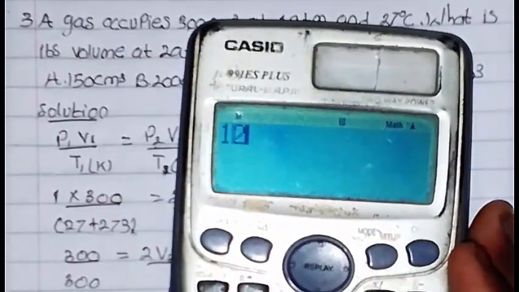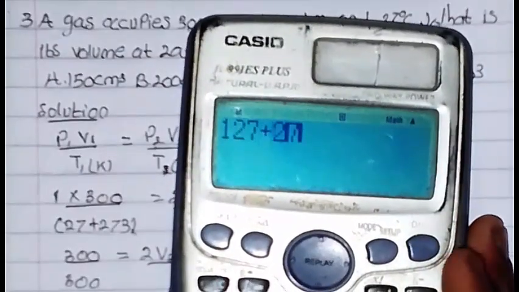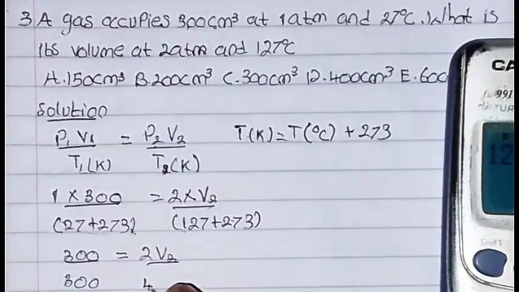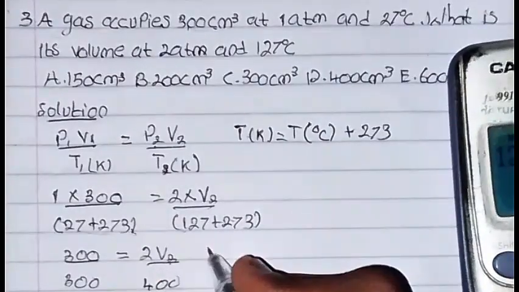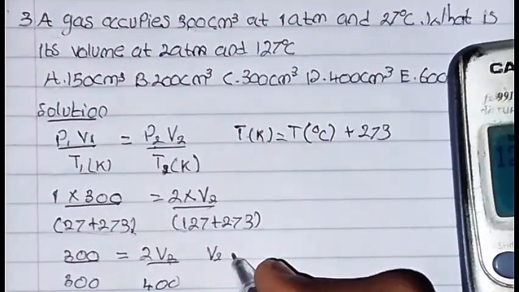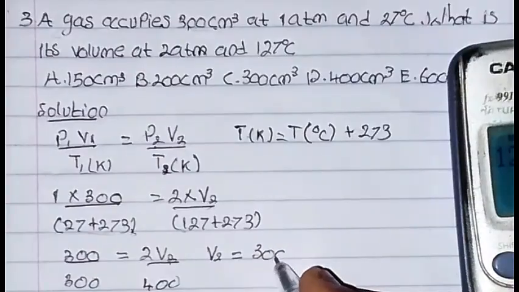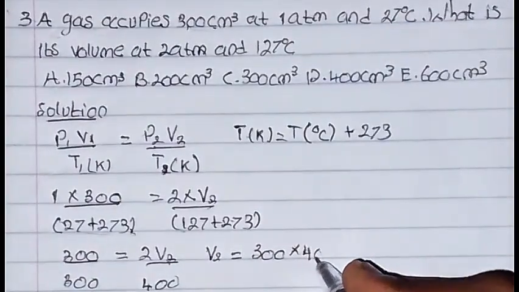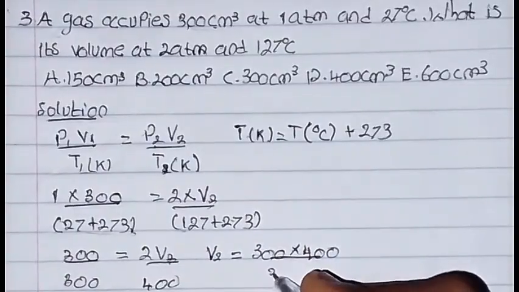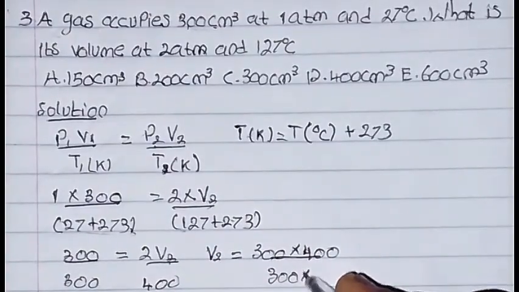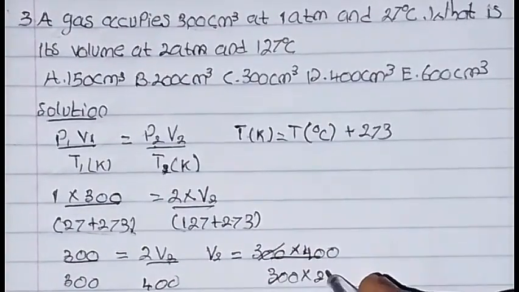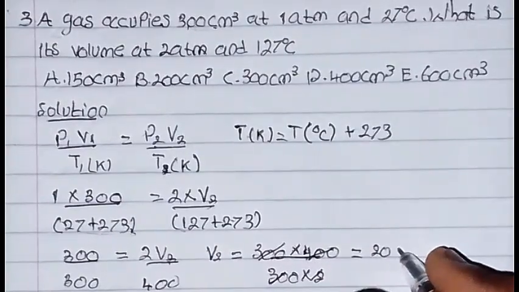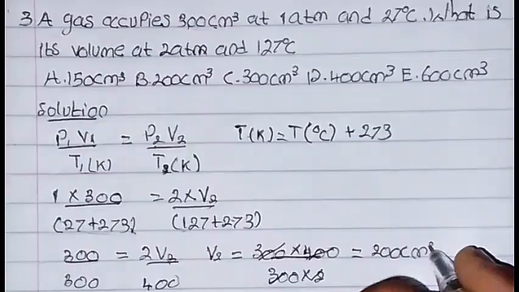We're going to get 400 and then get V2. Cross multiplying, V2 will be equal to 300 times 400 over 300 times 2. Alright, so this cancels out this, and here cancels out this.